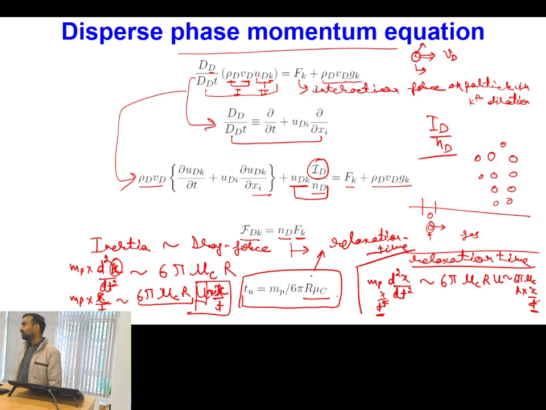Is this equation like we had used, relaxation time equal to T by, sorry. Here we have used a similar sign; they are not exactly equal, like inertia is similar to drag force. We are actually doing an order of magnitude analysis. Have you seen this scaling analysis in your fluid mechanics?